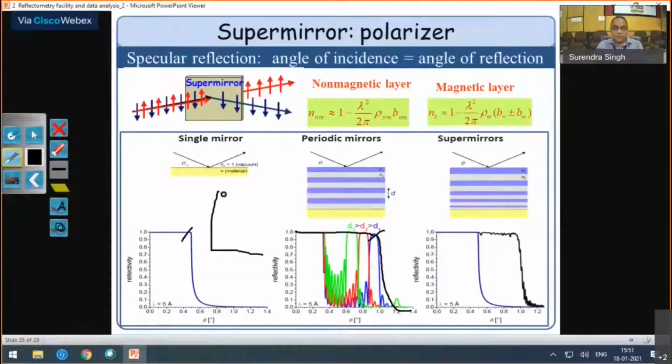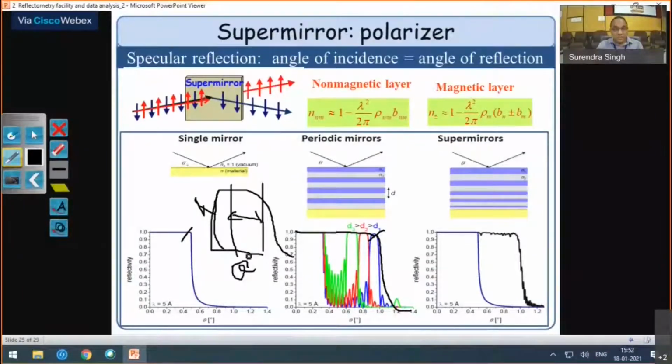Suppose this is your reflectivity: you will have spin up reflectivity up to here, and spin down reflectivity will be here on. This is theta, this is reflectivity. You will have this region where you have just spin up neutrons, and this theta depends on the wavelength.